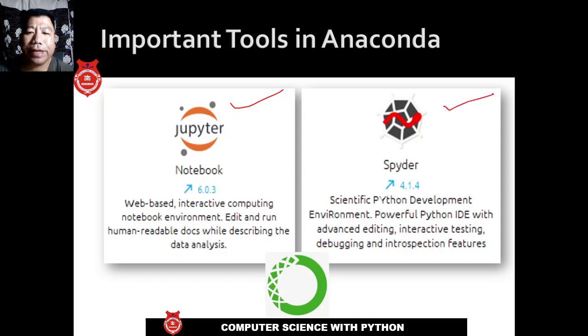Spyder is a scientific Python development environment, and it is an IDE. When we say IDE, it is an integrated development environment. So using Spyder and Jupyter Notebook, you can write your Python code, and you can use whatever you prefer.